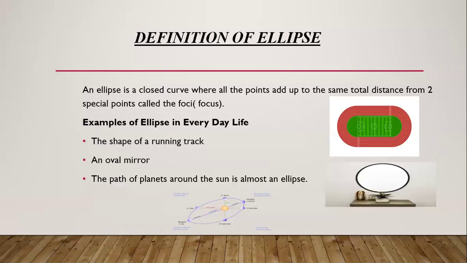Some examples of ellipses in our everyday life are the shape of a running track, an oval mirror, and the path of planets around the sun is almost an ellipse too. So an ellipse is like an egg shape, an oval. Next slide, please.